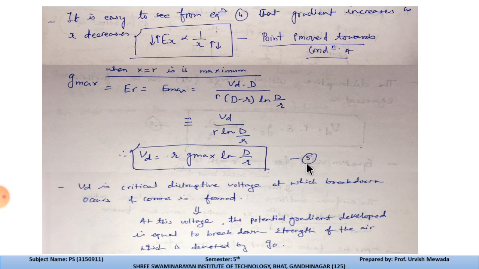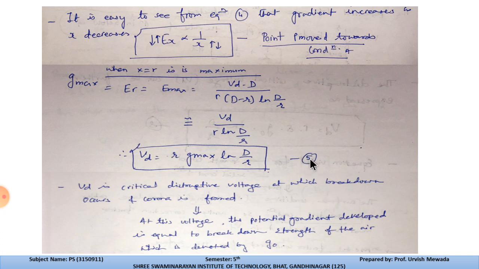This is equation number 5, and Vd indicates the critical disruptive voltage at which the breakdown occurs. Breakdown means that at that time charges start transferring from one conductor to the other, which means ionization takes place between two conductors.